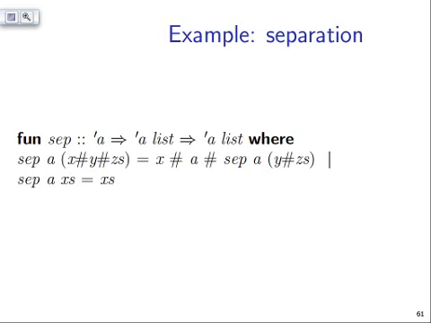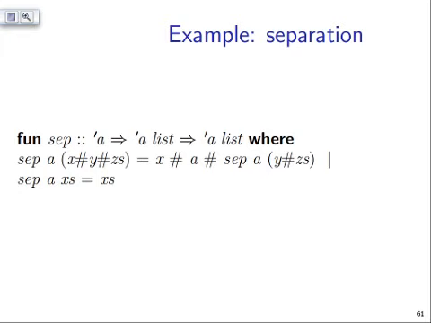If there are at least two elements in the list, then you put the separator A between the first element and the rest list that you have separated with A, where the recursive call is on the YZ list. Concerning termination, it's pretty clear that this terminates because the length of this list is greater than the length of this list. The system can prove that, and therefore termination is okay.